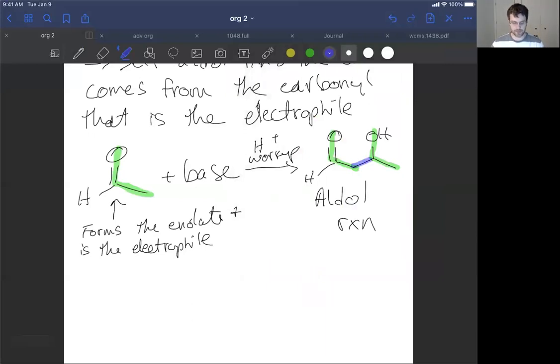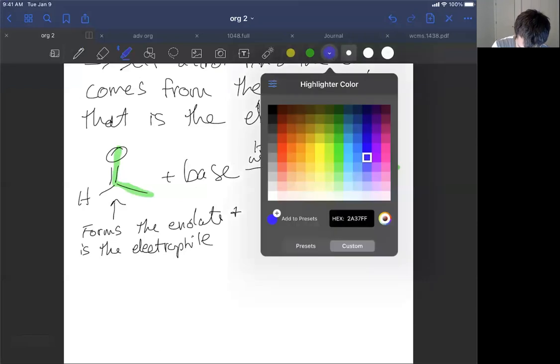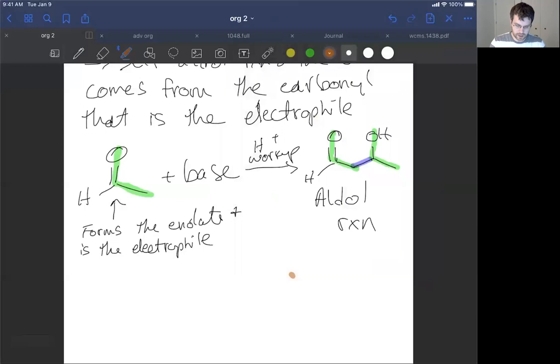So there's our new bond in blue. So we have our new bond highlighted separately from the three atoms that were originally derived from the same starting material.